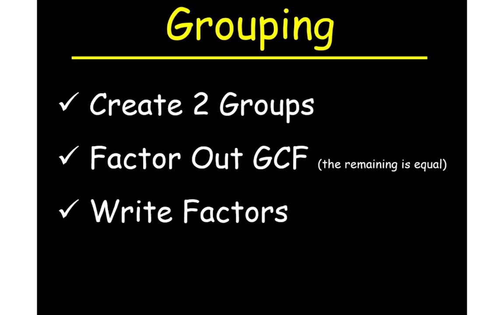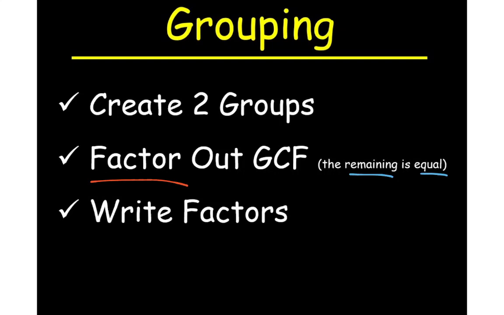That really means putting parentheses around some of the terms. Next, you're going to factor out a GCF. And when you do that, you're going to see that what is remaining is going to be equal to what is also remaining from the other group. And finally, you'll write the factors.